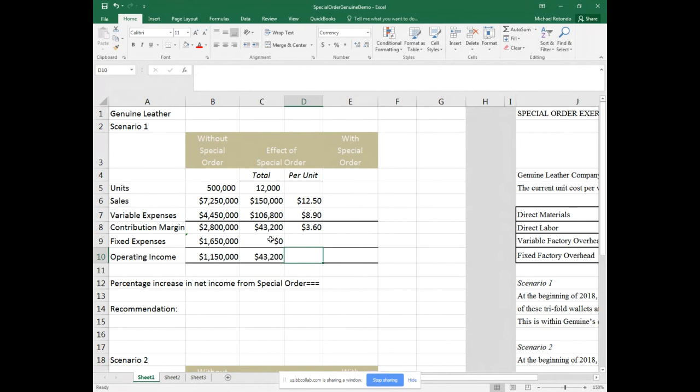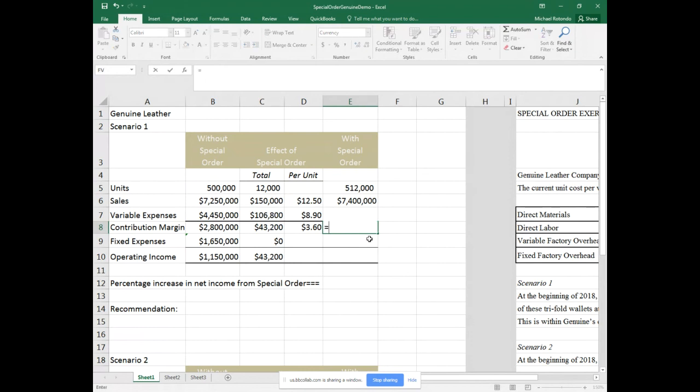Just to get our totals here, with the special order, we would of course have 512,000 units. Our sales would now be $7,400,000. Our variable expenses would be $4,556,800.